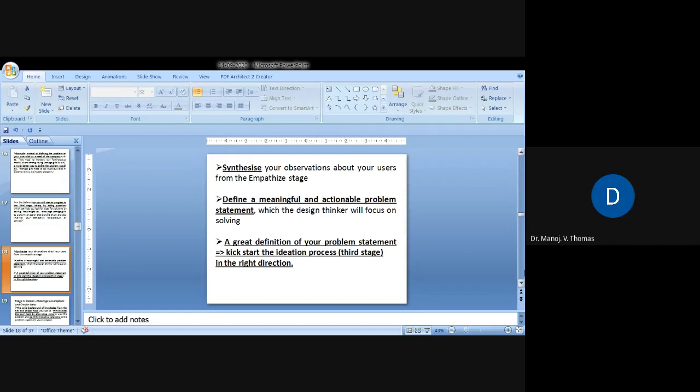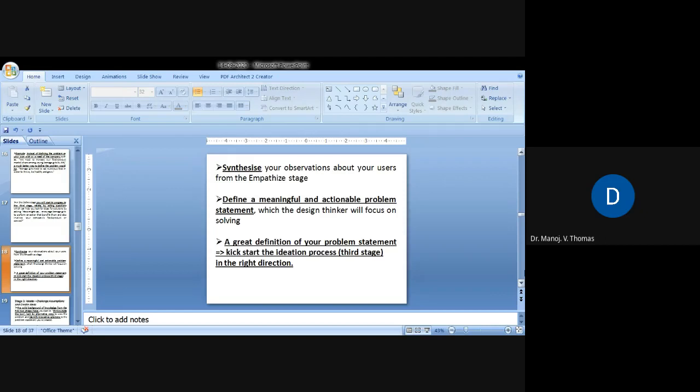So a great definition of your problem statement, that means a very good problem statement, indicates the ideation process would be easy, and it will go in the right direction because you have defined the problem clearly. It's like you have diagnosed the disease, so medication would be easier, isn't it? So that is the purpose of defining the problem statement in a clear way.